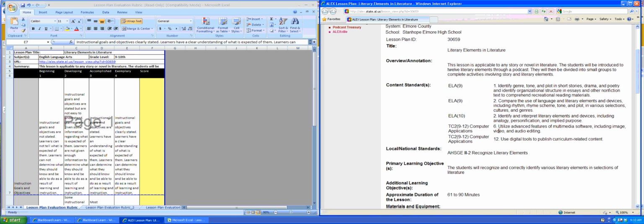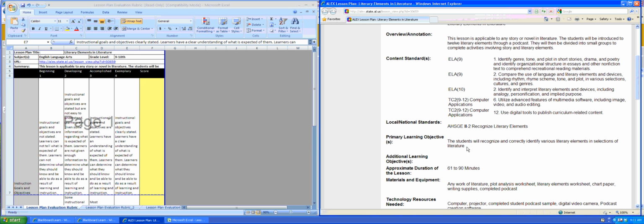Well, when I look at this lesson plan and I see this is the learning objective, students will recognize and correctly identify various literary elements in selections of literature. To me, that is either a developing or an accomplished. It's not beginning. It is actually stated, but it's not 100% clear.